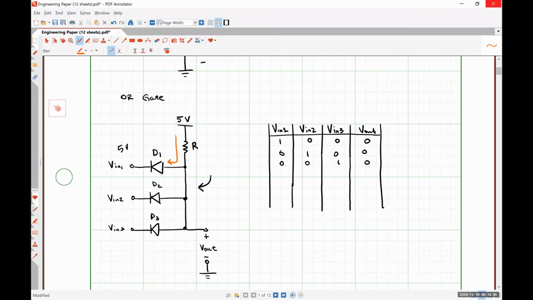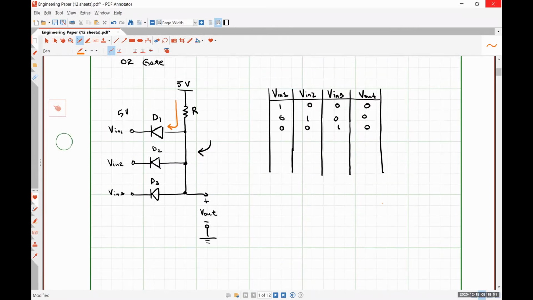Like so, which means there is going to be a voltage drop across our resistor and then across, all right. Right, using the constant voltage drop model here.